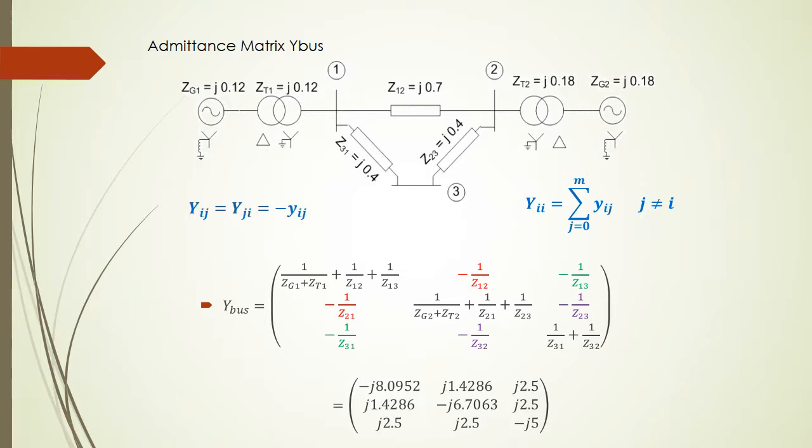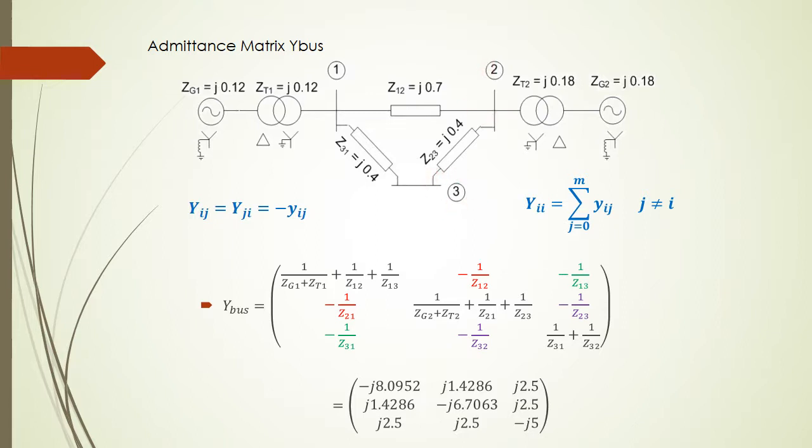How about the diagonal elements here? It is the summation of the admittances that are connected from other nodes to the node that we are talking about. So when we talk about the other nodes, we calculate from the neutral or ground as well as from the other buses.